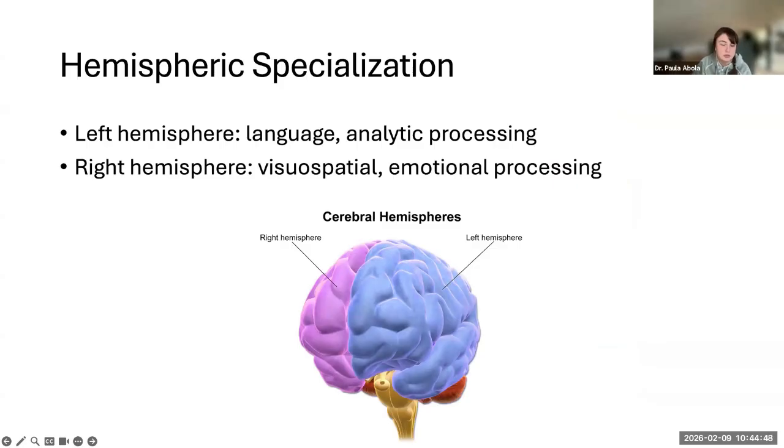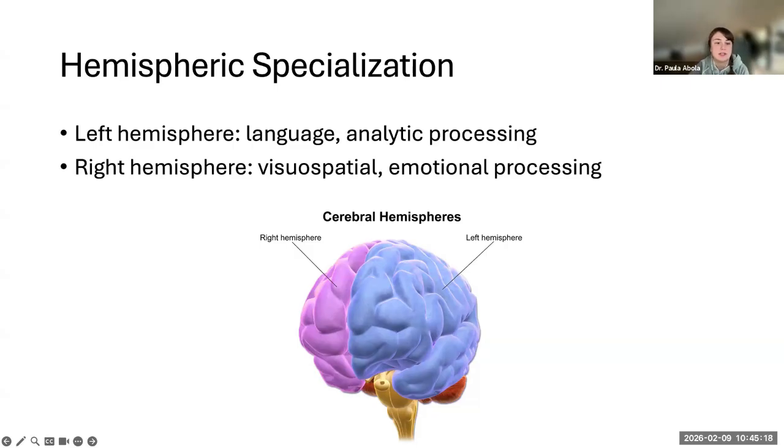In most individuals, the left hemisphere plays a dominant role in language, analytical processing, and sequential reasoning, while the right hemisphere is more involved in visuospatial processing, emotional interpretation, and holistic perception. This lateralization reflects functional specialization rather than absolute separation, as both hemispheres contribute to nearly all complex behaviors.